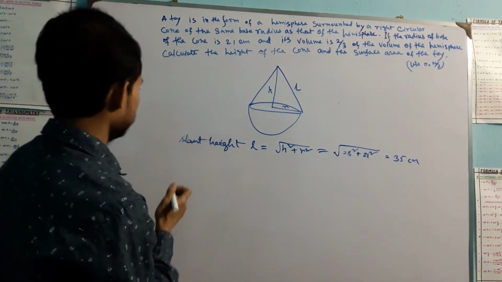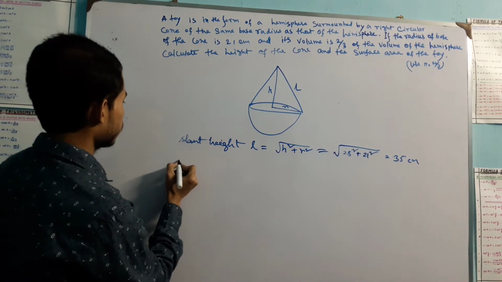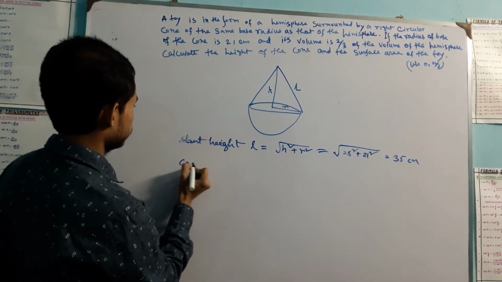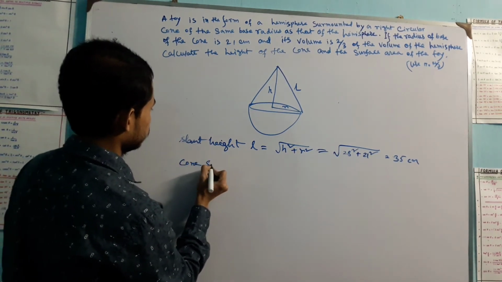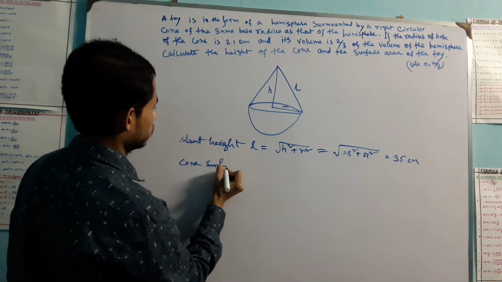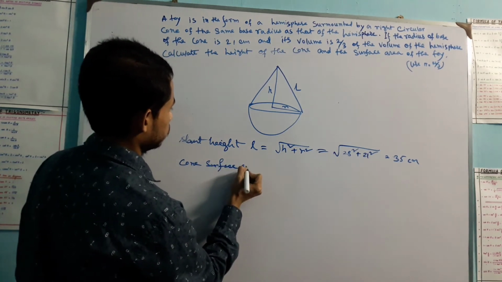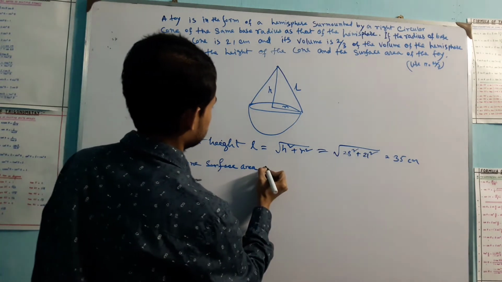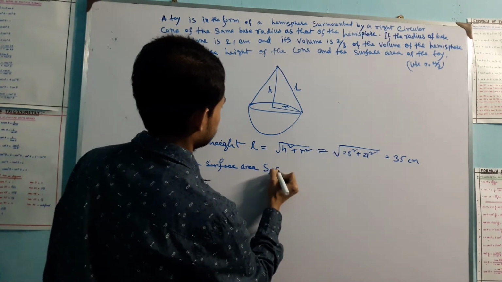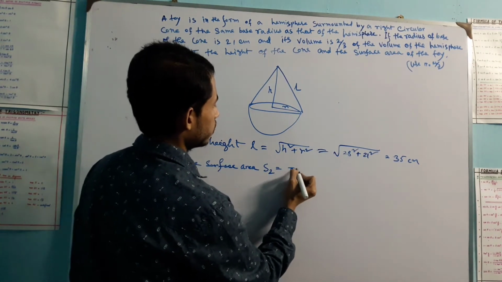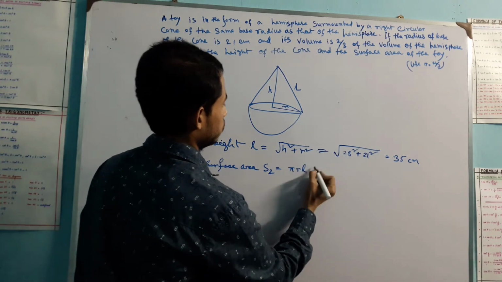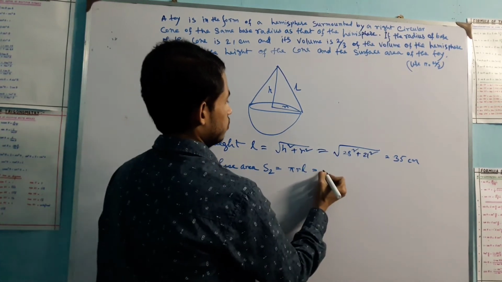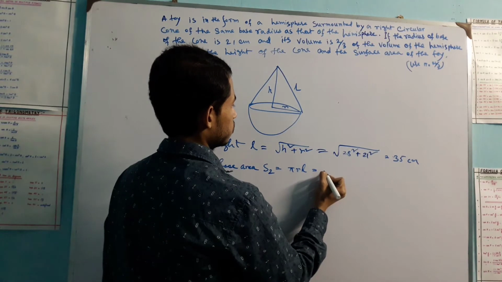The surface area of the right circular cone is given by the formula pi r l. Calculating the result.